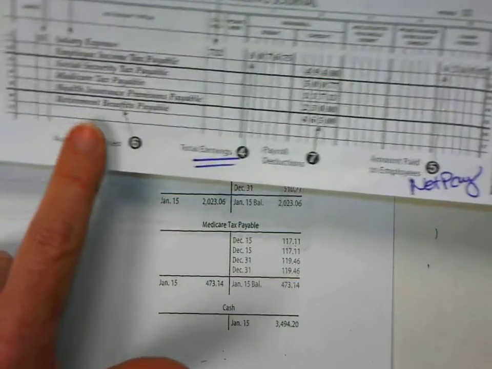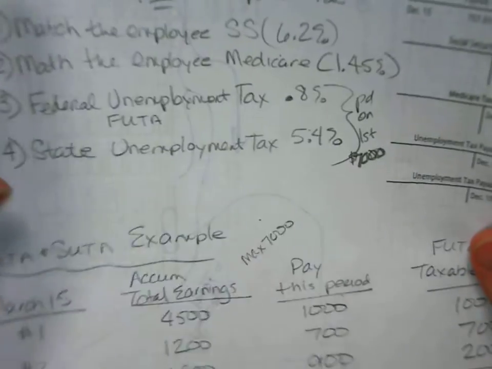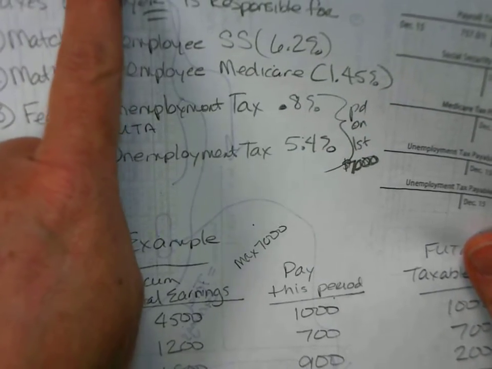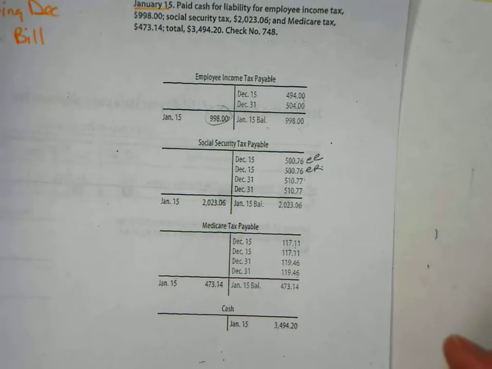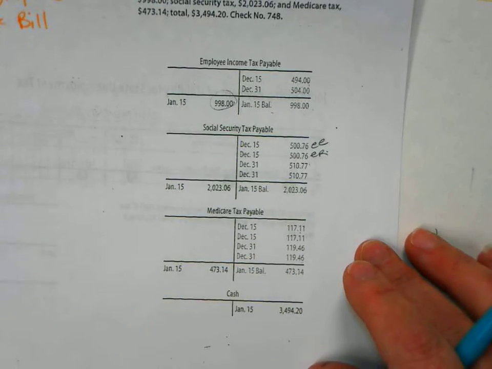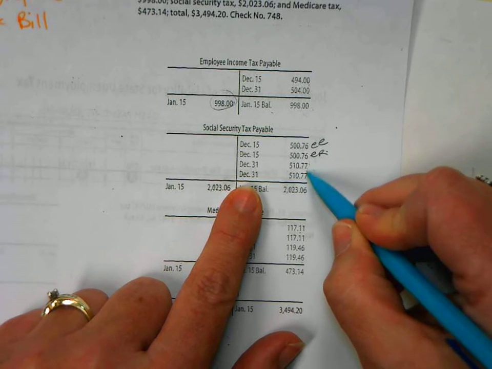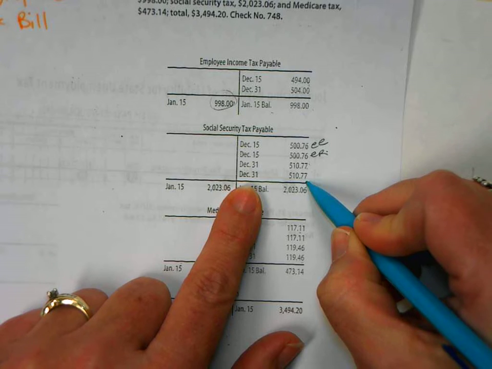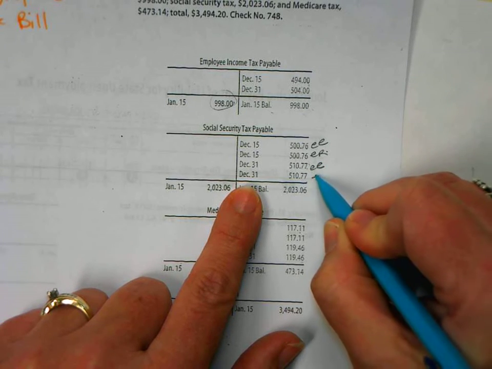Okay, one of these came from this journal transaction. One of them came from this journal transaction. All right, so then also we made a payroll on the December 31st. Same thing. Same number in there twice, because one of them is the EE and one of them is the ER.